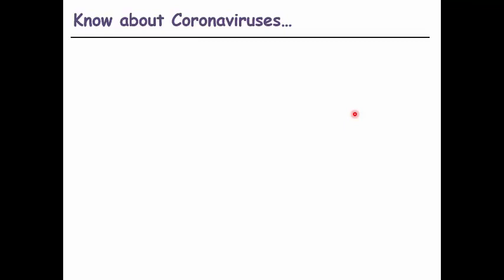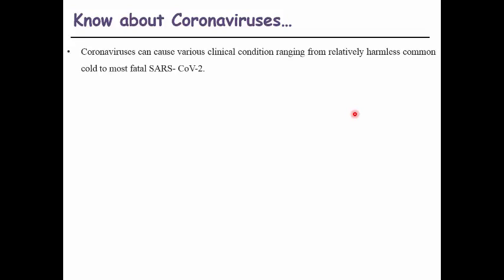Before we start our topic, we have a highlight about coronavirus. Coronavirus is one of the viruses which can produce a clinical condition which may be harmless or which may be most fatal. Till now, a total of 7 strains of the coronavirus have been identified.